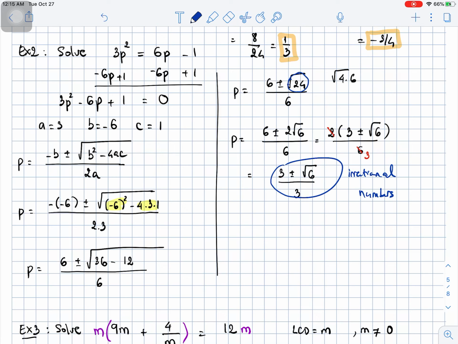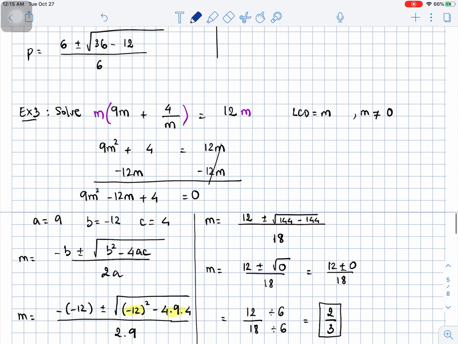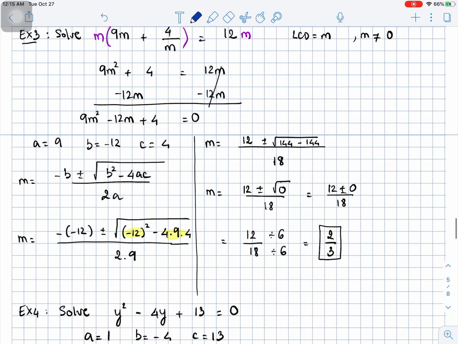Now we look at example number 2. What is this one? This one is irrational numbers. And we look at the square root. We got the square root of 24, and 24 is not a perfect square number.